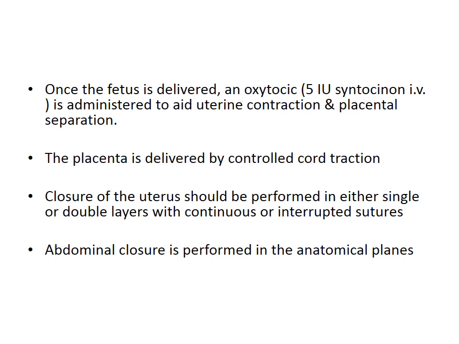Then, after delivering the placenta, the uterus should be closed either in a single layer or in a double layer, using either continuous or interrupted sutures. After closing the uterus, the abdominal wall should be closed in anatomical planes.